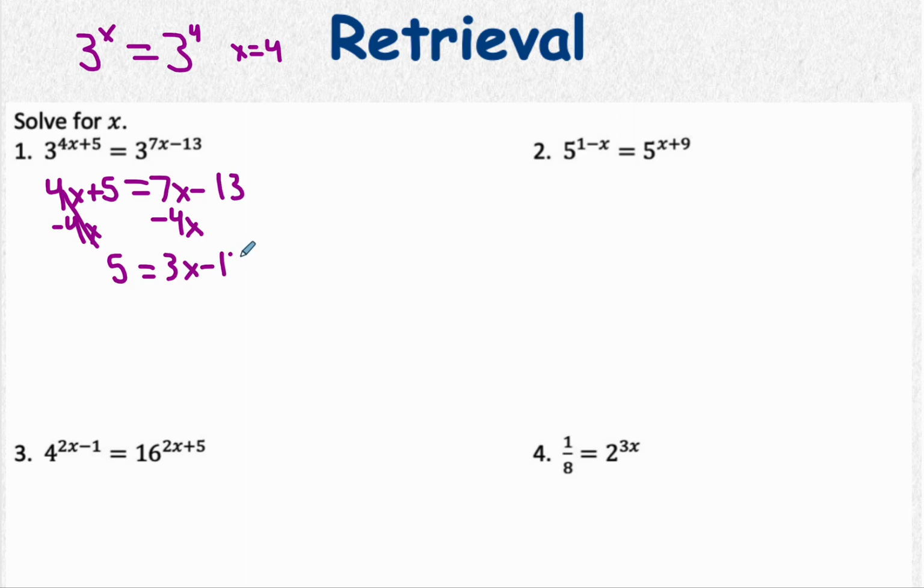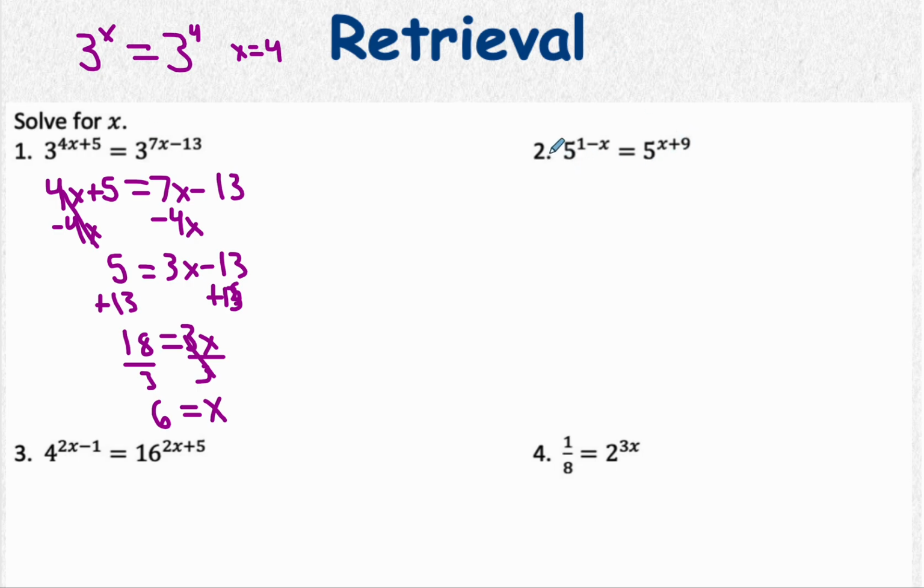Bring down the minus 13. Add 13 to each side. So here we have 18 equals 3x. And then divide each side by 3. So 18 over 3 is 6. So x is equal to 6. Okay, so once we got rid of the bases of 3, this was like any other regular old equation.